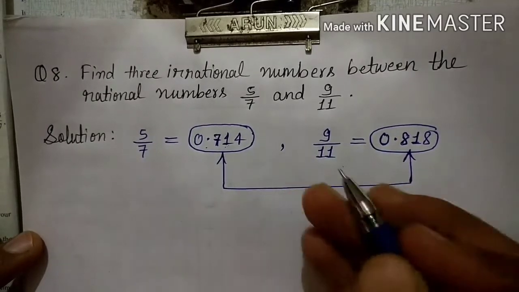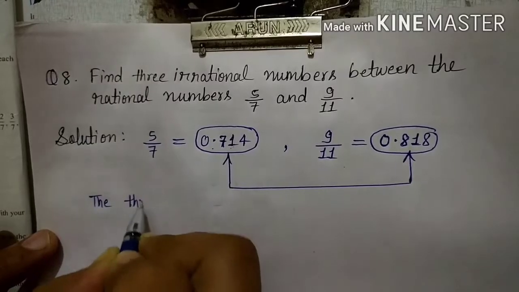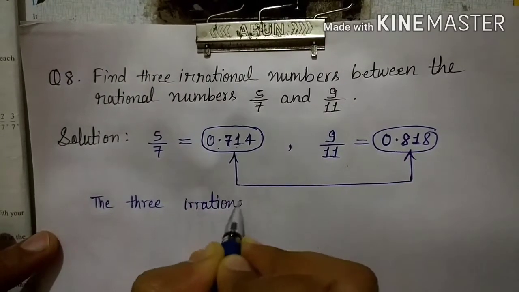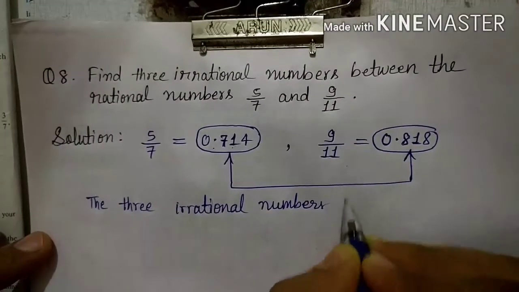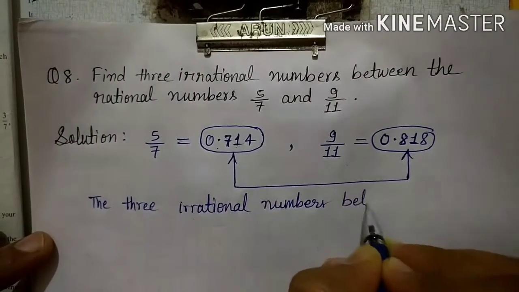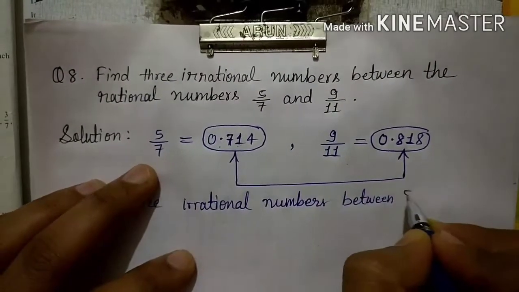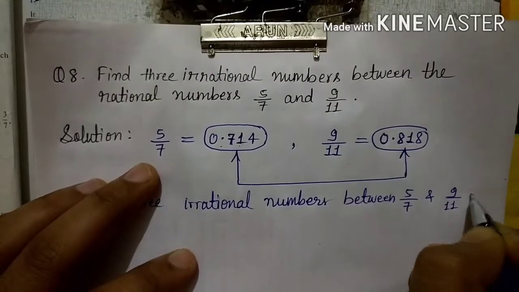So what are the three irrational numbers between 5/7 and 9/11?